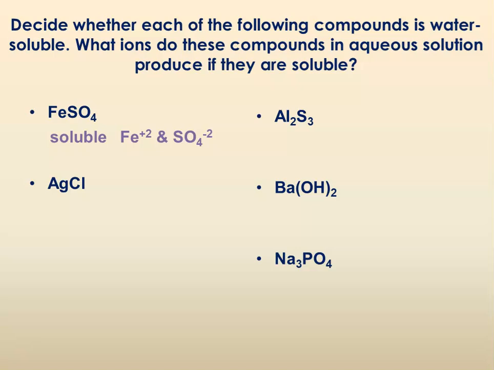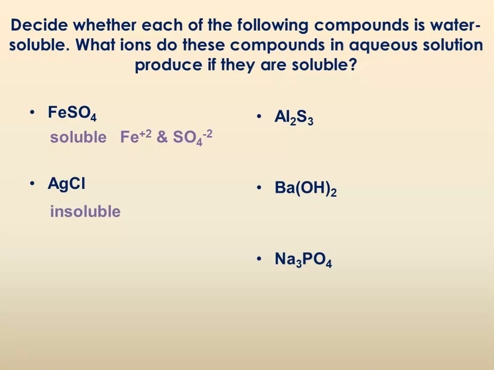In our next example, AgCl, the solubility rule for chlorides is that they are all soluble unless they're paired with lead 2, silver, or mercury 1. Because chloride is paired with silver in this compound, it would be insoluble, and silver chloride would have formed a precipitate rather than dissolving in water.